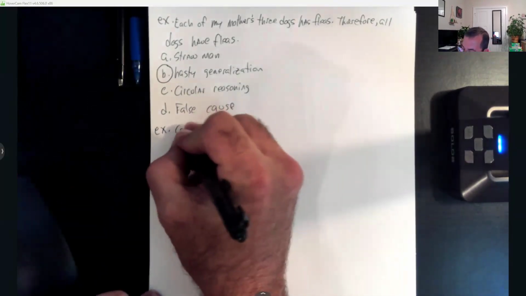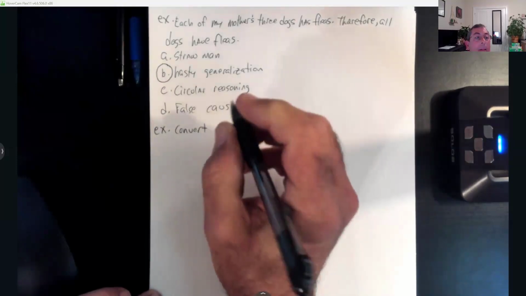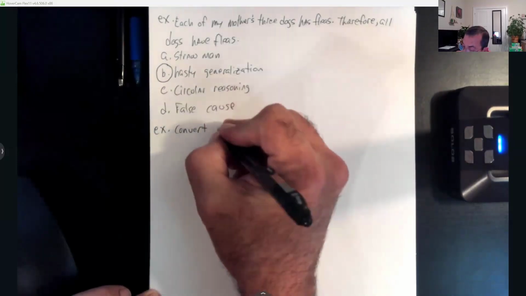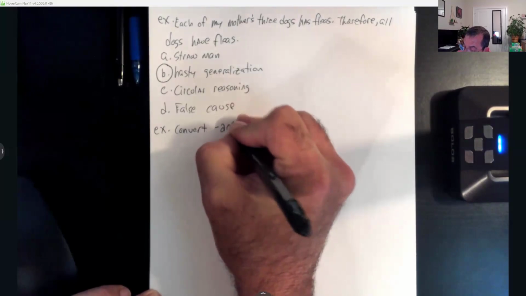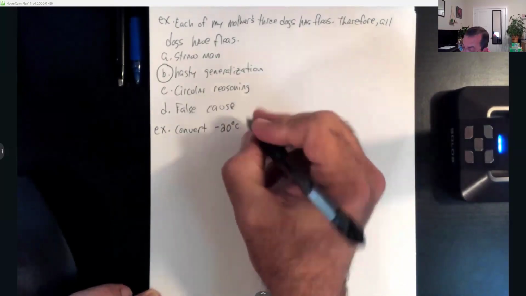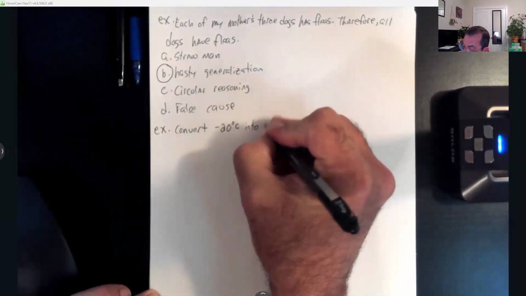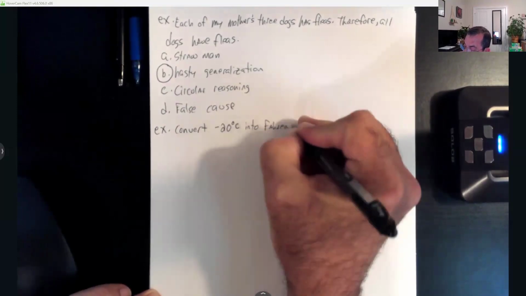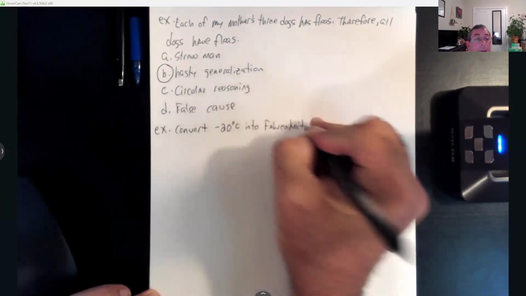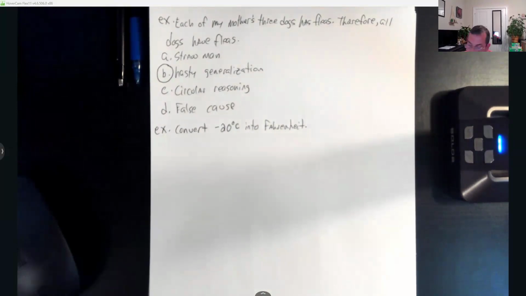This next one wants to convert -20 degrees Celsius into Fahrenheit. All right, so they want me to convert -20 degrees Celsius into Fahrenheit temperatures, okay?